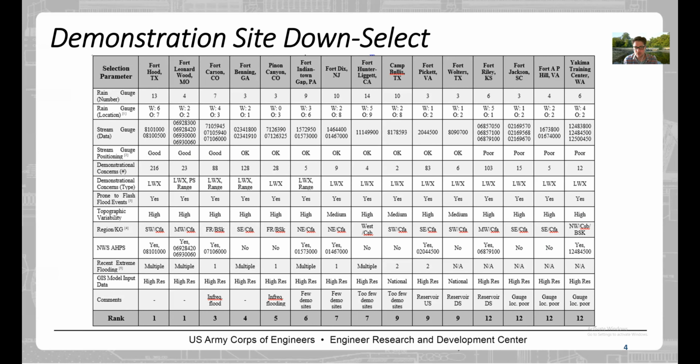What we call demonstration concerns, so these would be infrastructure, such as low water crossings or pump houses, for example, that we could actually incorporate into this project. Again, areas that were prone to flash flooding, and so on and so forth. And then these all got ranked. The top 3 installations based on this ranking were Fort Hood, Texas, Fort Leonard Wood, Missouri, and Fort Carson, Colorado. Our alternate site was the 4th, in case we couldn't use one of the first 3: Fort Benning, Georgia.